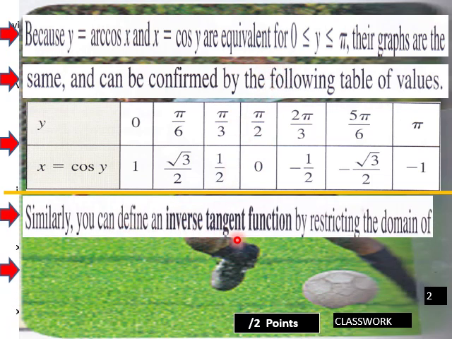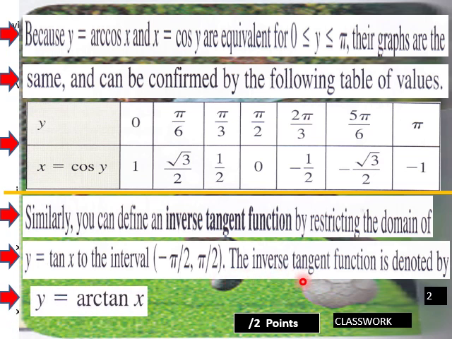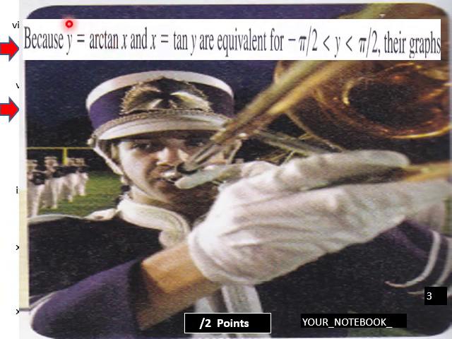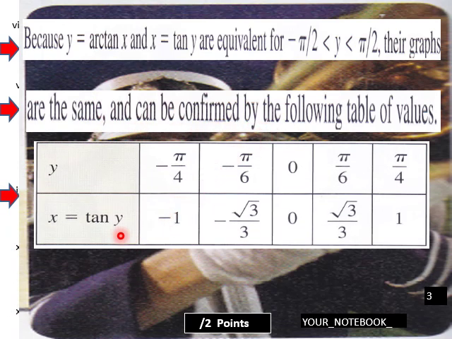Similarly, you can define an inverse tangent function by restricting the domain of y equals tan x to the interval negative pi over 2 to pi over 2. The inverse tangent function is denoted by y equals arc tan x, or y equals tan to the negative 1 x. Into your notebook: because y equals arc tan x and x equals tan y are equivalent on this interval, their graphs are the same and can be confirmed by the following table of values.